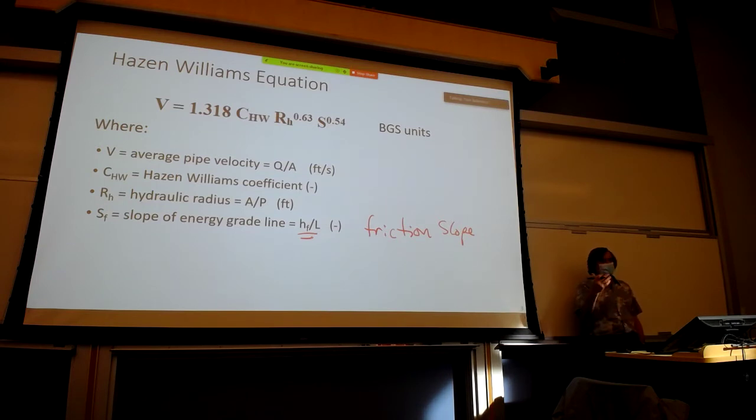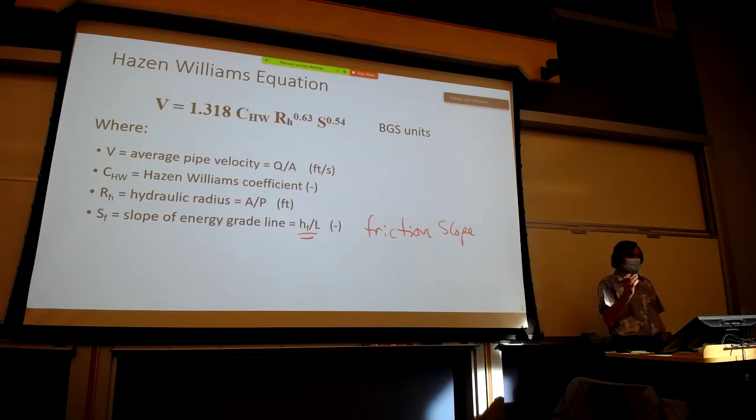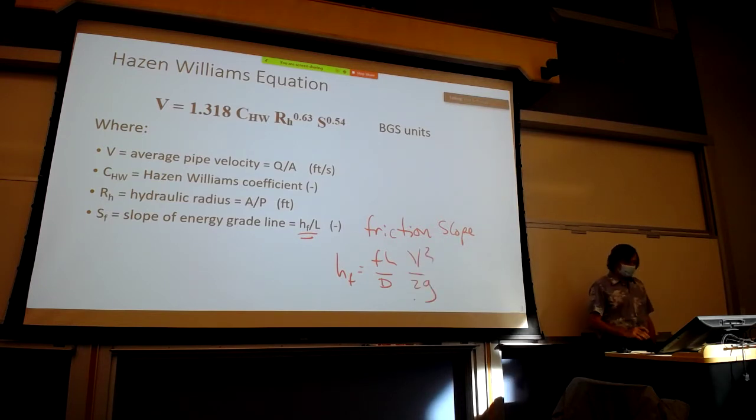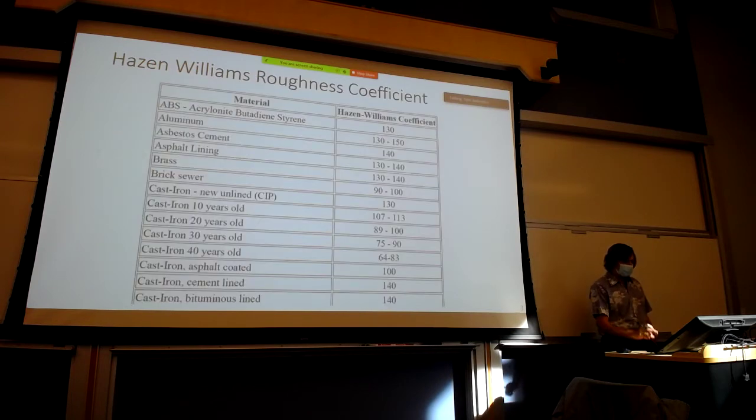So you can certainly rearrange this equation, and you will see it rearranged later, to solve directly for H sub F, just as you saw in the Darcy-Weisbach equation on the previous slide. H sub F is directly solved for in the equation. Okay? So again, this is the Hazen-Williams equation, and this is the common form you find it in.